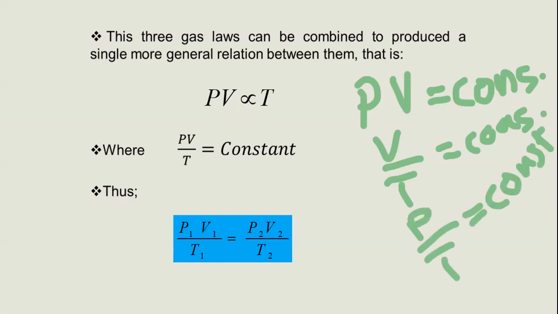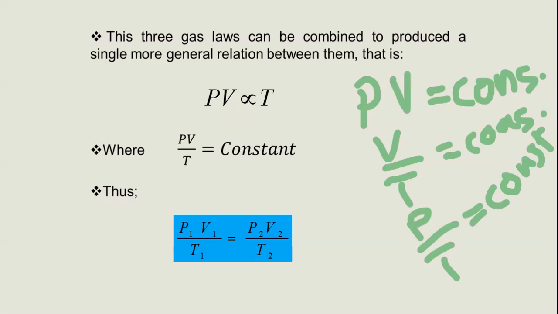These are your three equations that you've learned before. What we are trying to do here again is combine all three of these equations into one single equation to make it easier in a particular situation. So what was the particular situation, as was said in the previous slide.